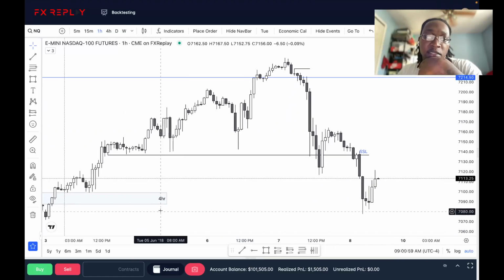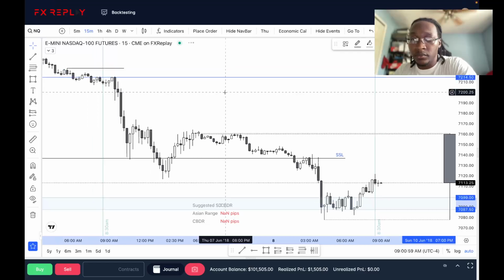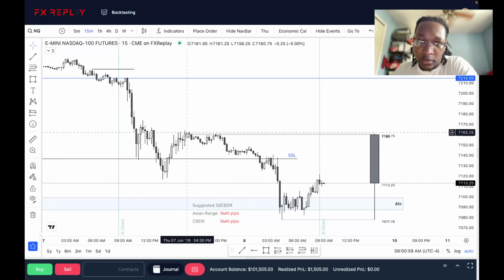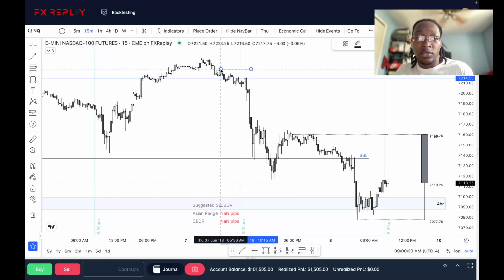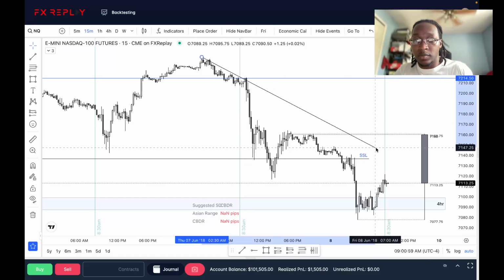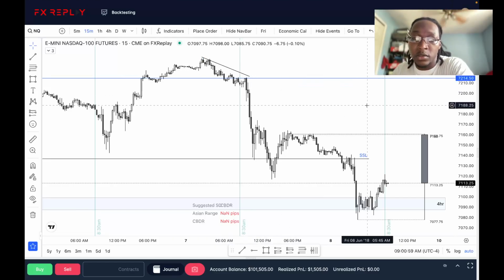We ran sell side, tapped into a 4 hour inefficiency. Now we have buy side liquidity generated up here. Remember the trend line of liquidity up here? Still hasn't been taken, but let's see what we're able to do here.